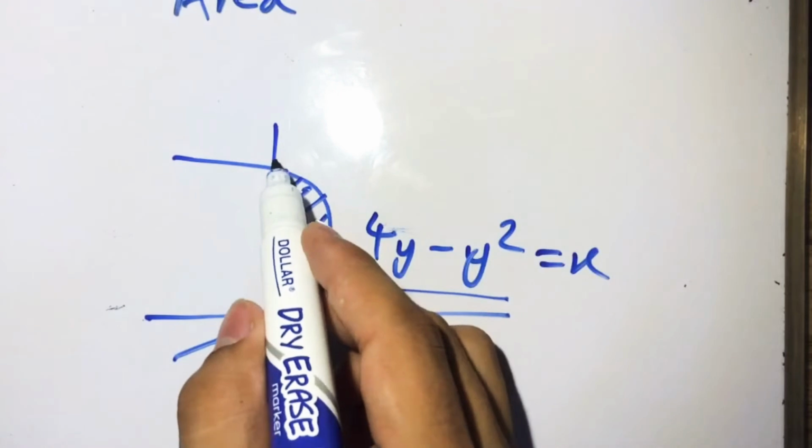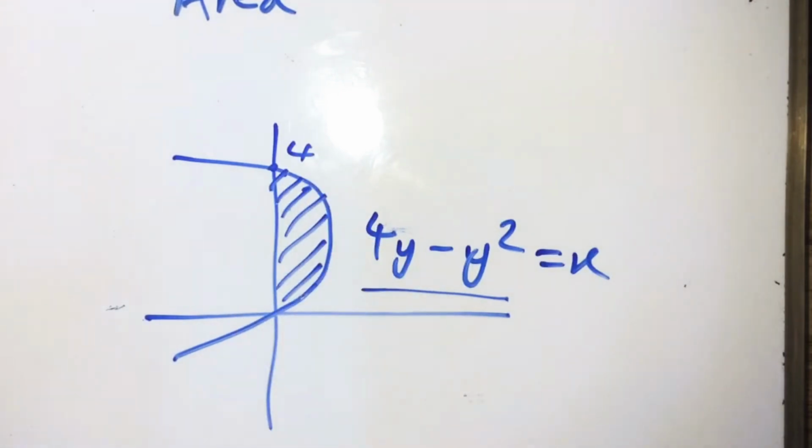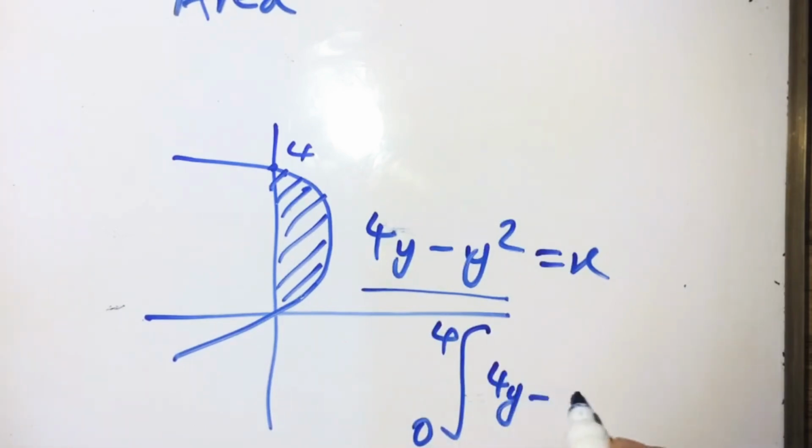Now this will come as 4 and this is 0. We'll integrate the curve from 4 till 0 with respect to y to get the value of the area.